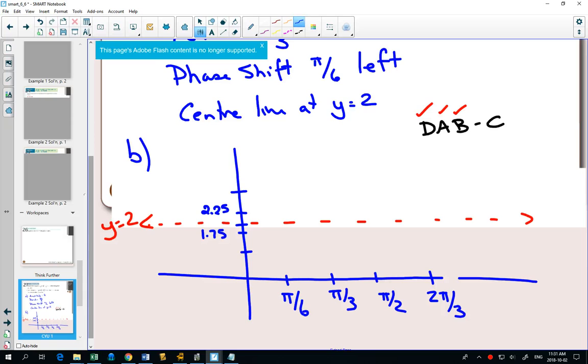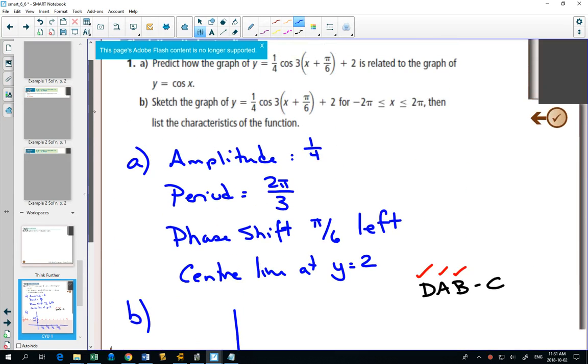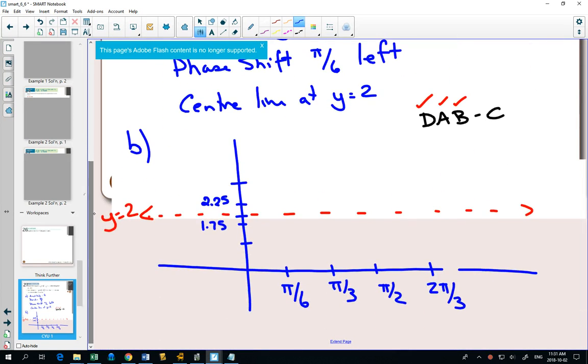Next we get to the dash. We're going to now graph our function temporarily with a dotted line without the phase shift. So what does that mean? Well, we're doing a cos graph. A cos graph starts at a maximum. So max, then center line, then minimum, then center line, then maximum.